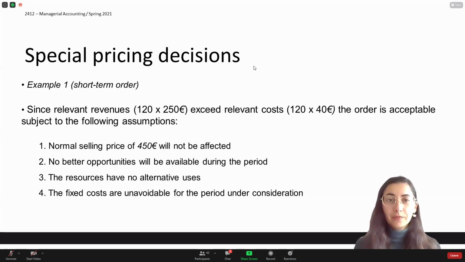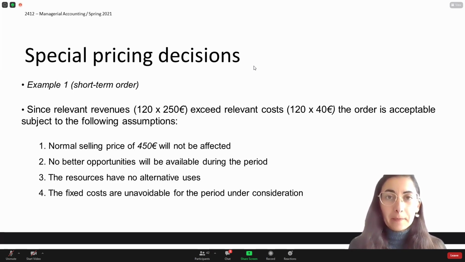Yes, I have one question about total fixed cost. Can you speak louder? Can you hear me? Yes, now it's better. I'm wondering about the total fixed cost. Can we measure it in relation to the total seats, and not per passenger?